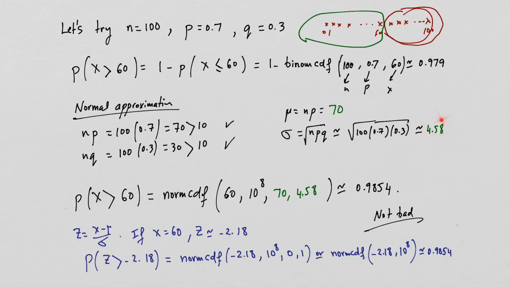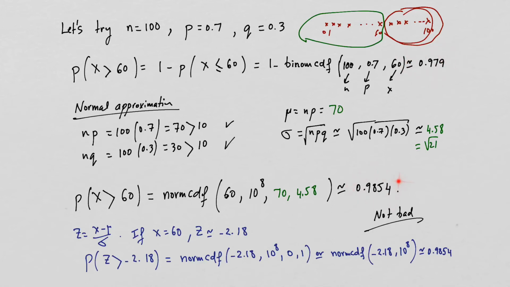I got 4.58. If I remember correctly, I got like square root of 21, which is 4.58, give or take. Okay, so I put 70 here. I put 4.58 here. That's mu, that's sigma. I put them in green so you can track your numbers. And I got 98.54%.